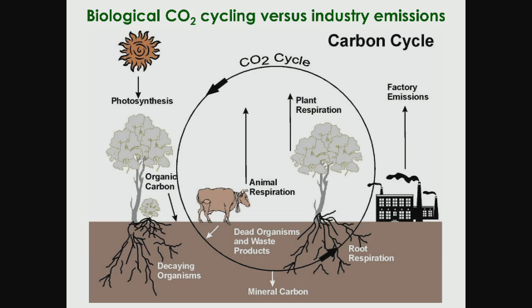So when we think about carbon production and carbon cycling, particularly CO2 cycling in an agricultural context, there are the emissions that take place through use of machinery and industrial activities such as fertiliser production. The key concept that we're considering is the CO2 cycle.